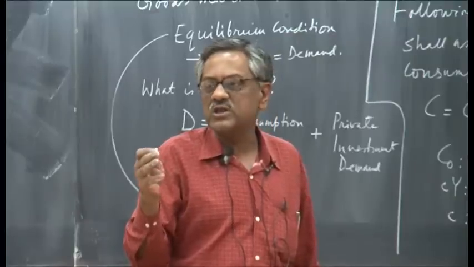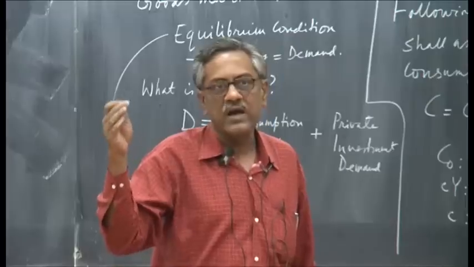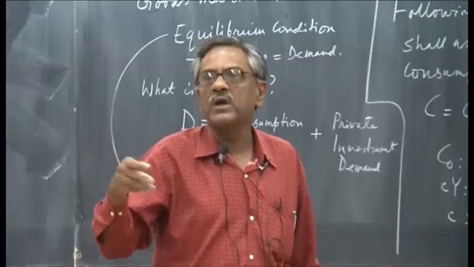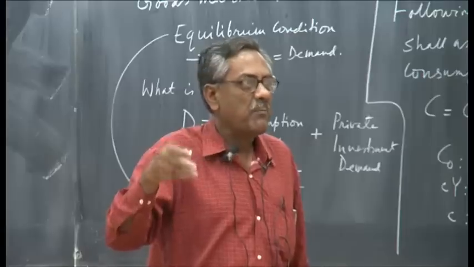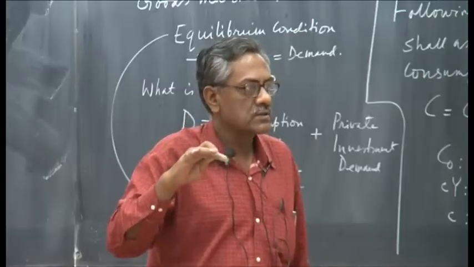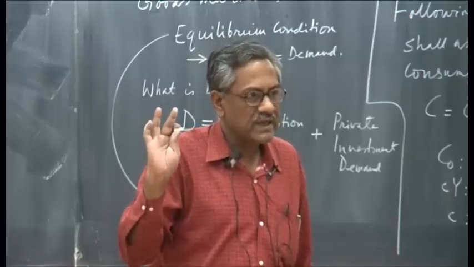So the economy reaches equilibrium when, given an investment demand, some I naught value, the economy produces enough income which renders a matching amount of savings with investment. That's what it is saying, nothing else.